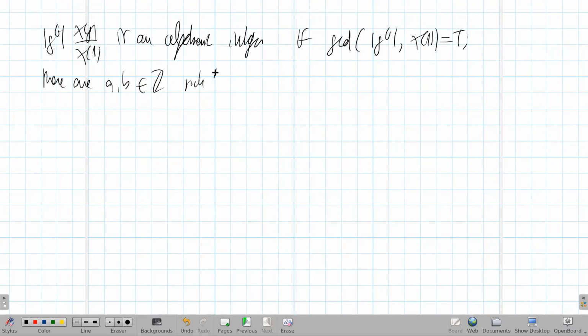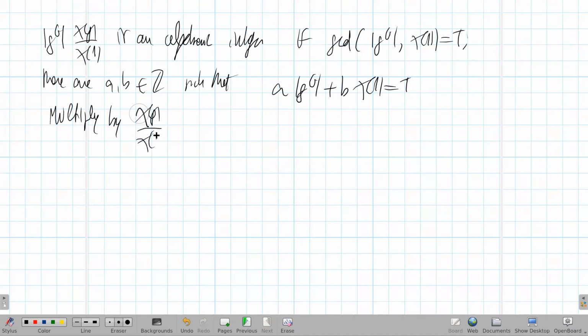There are integers a and b such that a times the order of the class plus b chi1 equals 1, actually it is an if and only if. And then since I want this to pop up, I multiply by chi of g divided by chi of 1.